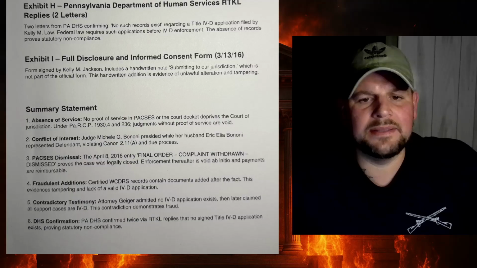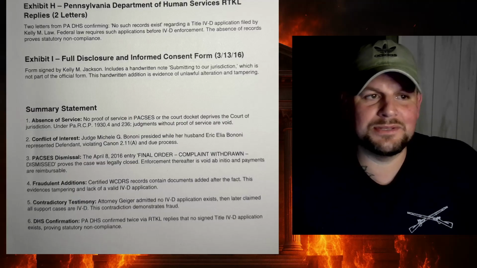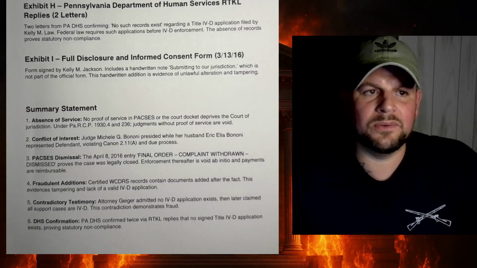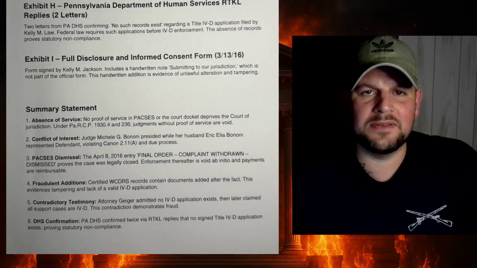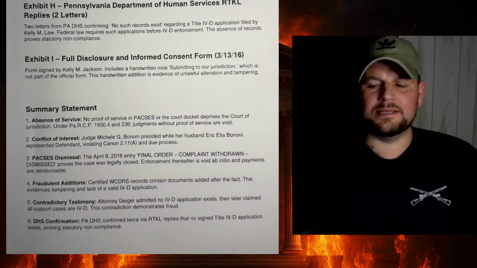Contradictory testimony. That's what we talked about with their domestic relations attorney, saying things such as there is no 4D application that I know of. We would never enter into a contract with either a plaintiff or defendant, and so on, spinning words like they do, like she does.